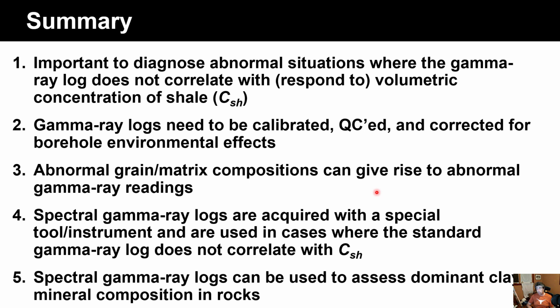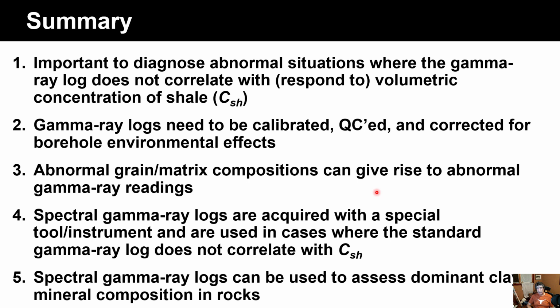If we see something abnormal with the gamma ray log, for instance super high values, when we see that there's invasion and good porosity, then we see there's something abnormal with the grain composition that is throwing the values of the gamma ray way too high.